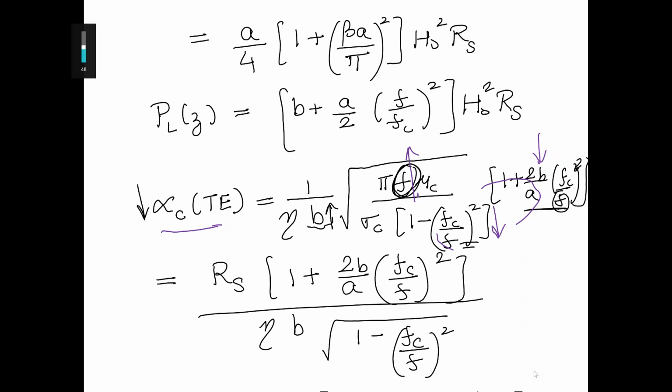Again, remember in this specific case, in rectangular waveguides, especially for the TE10 mode or TE01 mode, depending on whether A is greater than B, the wave is traveling really in the air inside, and it's only the ends of the wave which are interacting with the conductor. That's how the loss can be reduced.